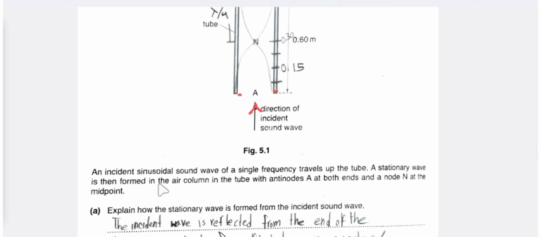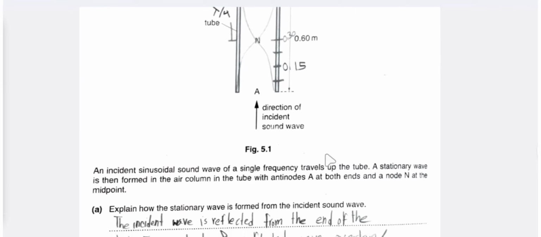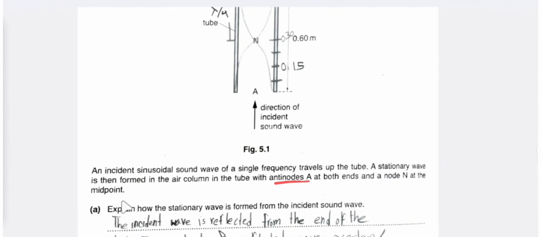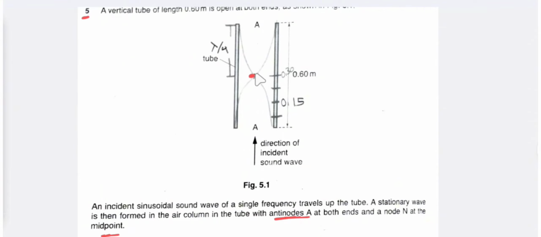A stationary wave is then formed in the air column in the tube with antinodes at both the ends and a node at the midpoint. So it is already given that the antinodes are formed at both the ends and a node is formed at the midpoint. So at the midpoint there is a node, and obviously at the open end there is an antinode.